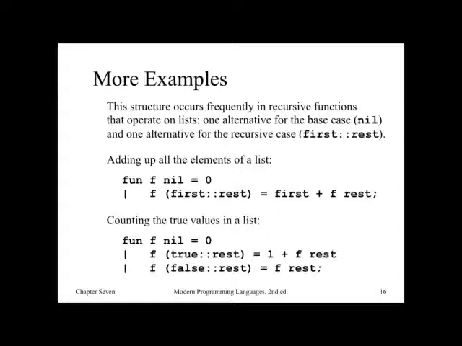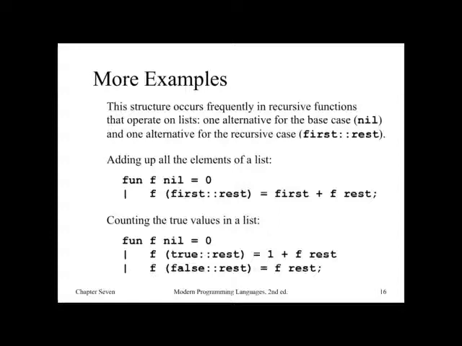What I've got in the second example is instead of 2 options, multiple patterns, I've got a base case and sort of the rest. In this case, I've got a base case and 2 alternatives, right? 2 additional ways of dealing with this thing. And so this is an example of counting the true values in a list. In this one, I've still got this notion of nil, my base case, when I run out of list.